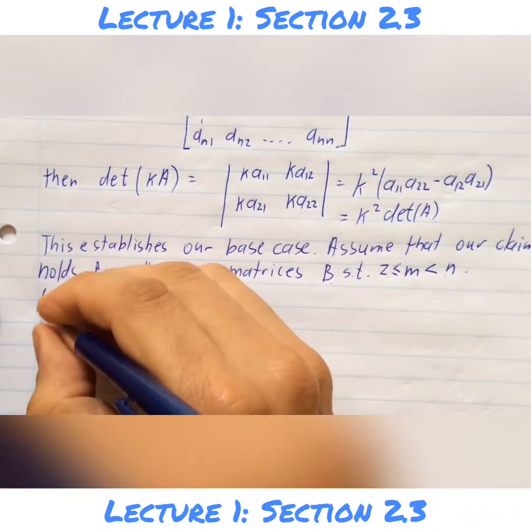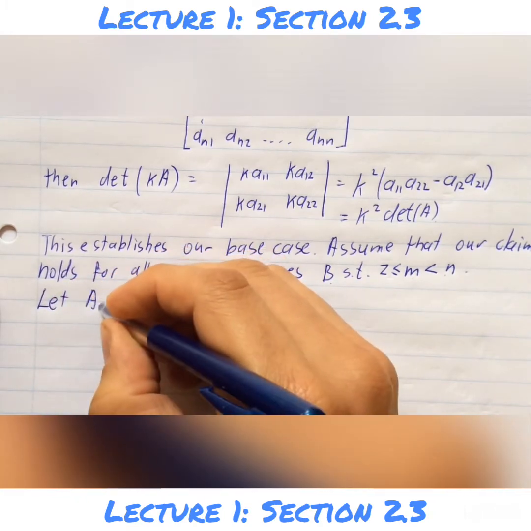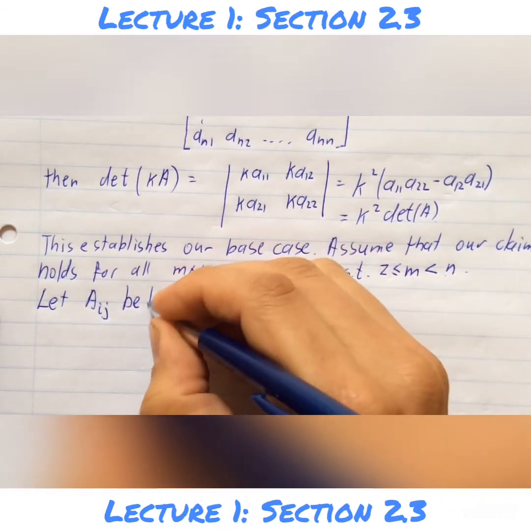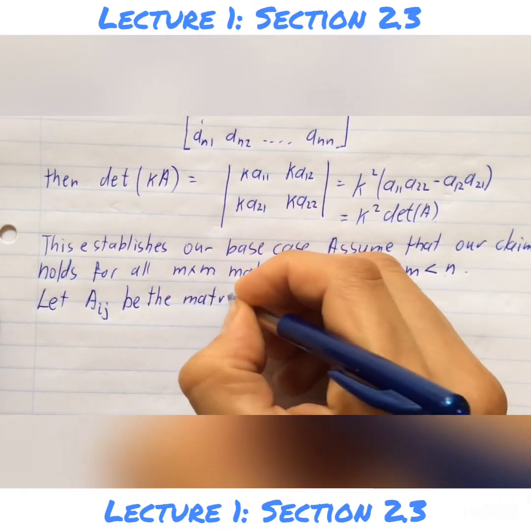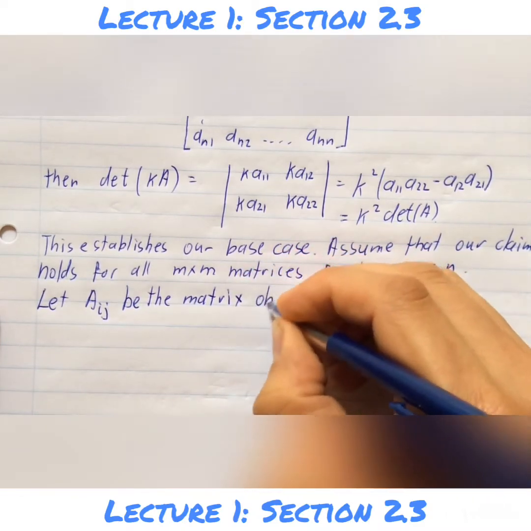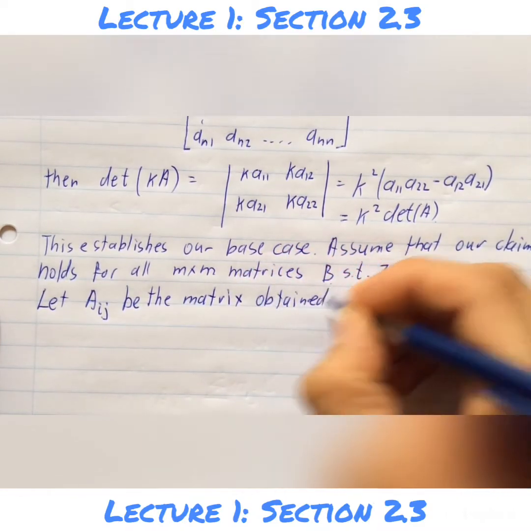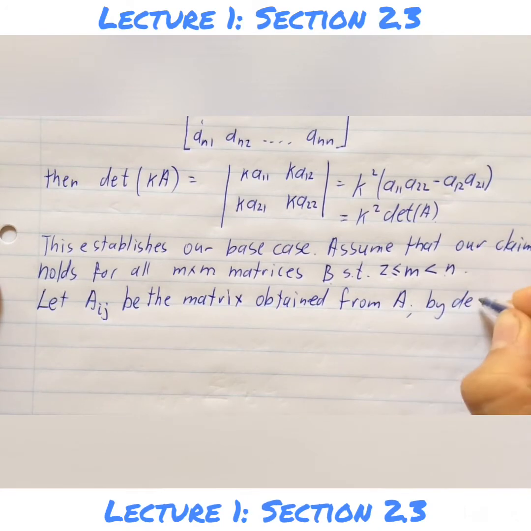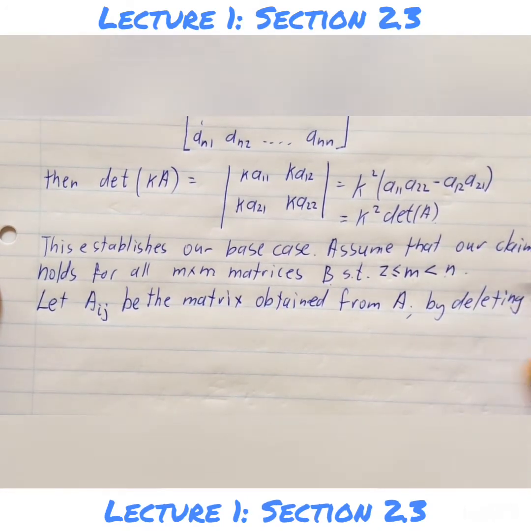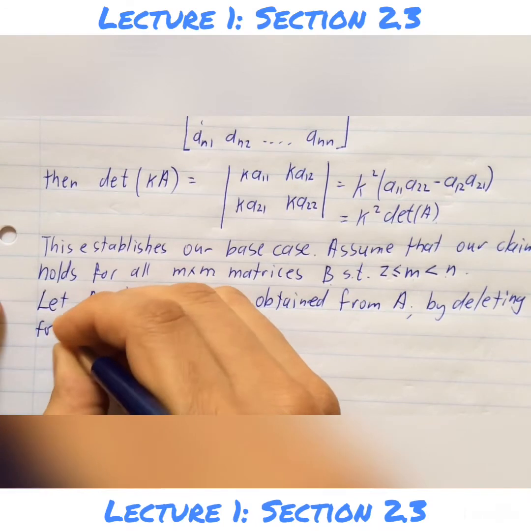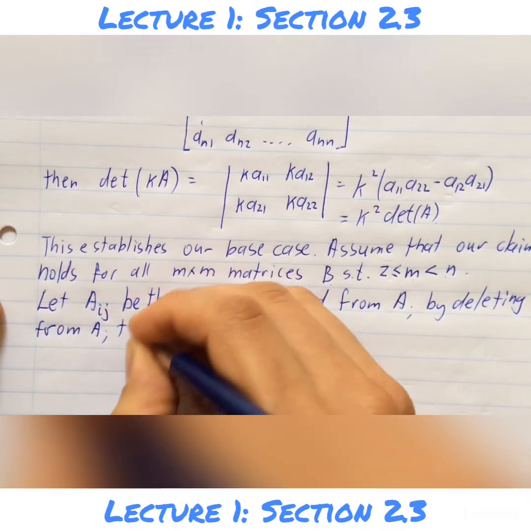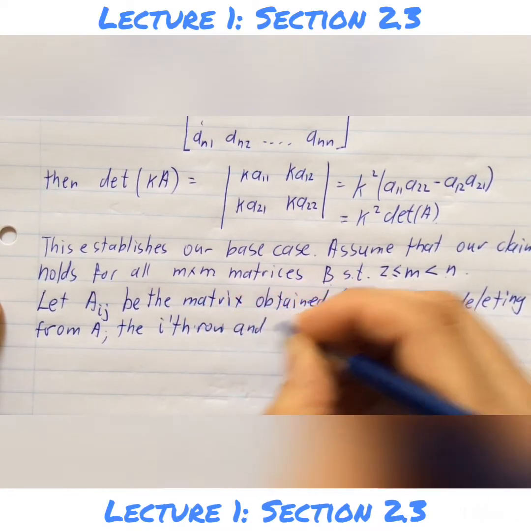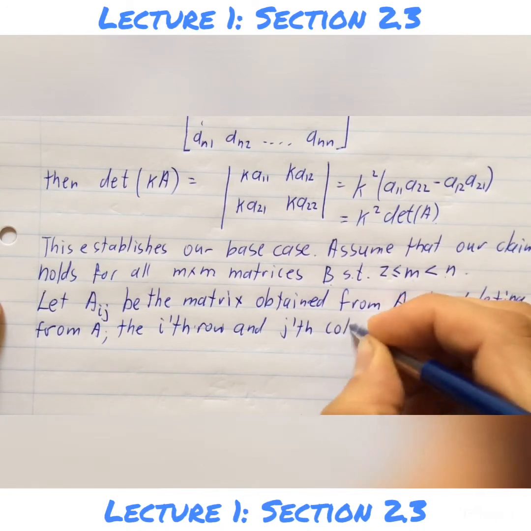Before we carry on, we're going to let Aij be the matrix obtained from A by deleting the ith row and jth column.